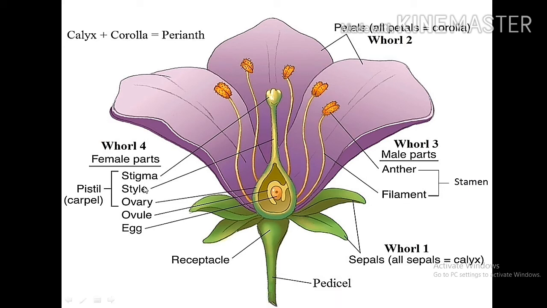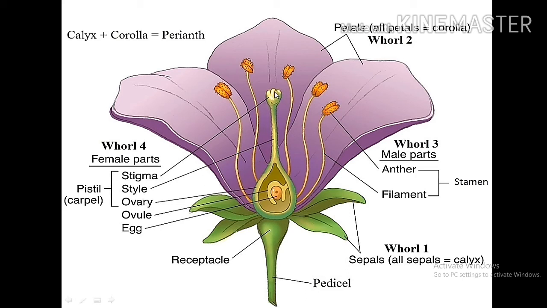Now let us come to the fourth whorl, that is the gynoecium, which is the female reproductive part. The female reproductive part is known as pistil, also known as carpel, and it consists of stigma, style and ovary.